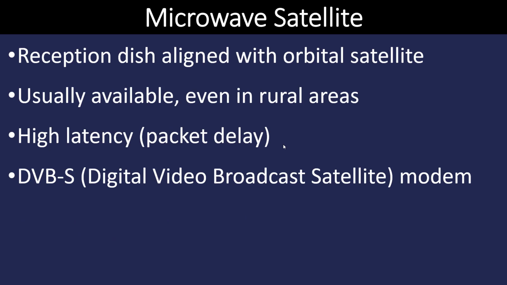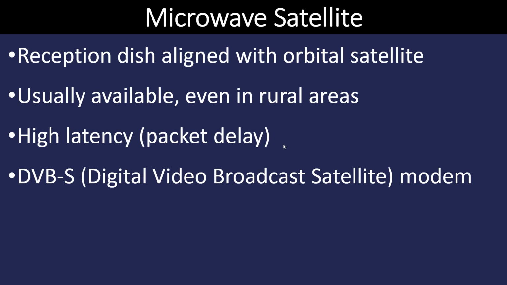If we're in an area that doesn't have DSL, coaxial, or fiber, we may need to use a microwave satellite to get our broadband internet. In that case, you're going to have a fairly large dish, I think they're about 18 inches or so, that points at the satellite, and you can send and receive data across that.